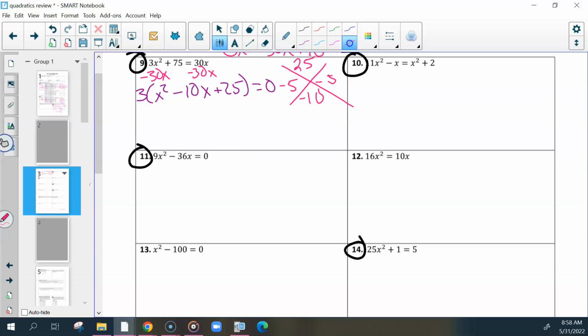Both need to be negative. And then we could rewrite 3 times x minus 5 times x minus 5 equals 0. Or if you want to rewrite it as 3 times x minus 5 squared.